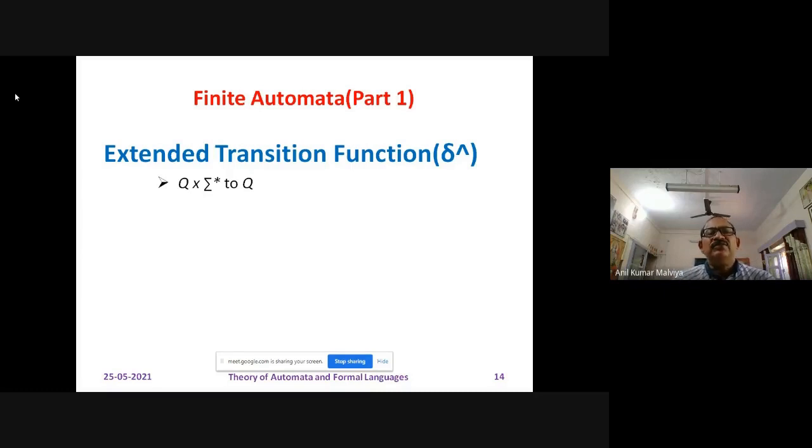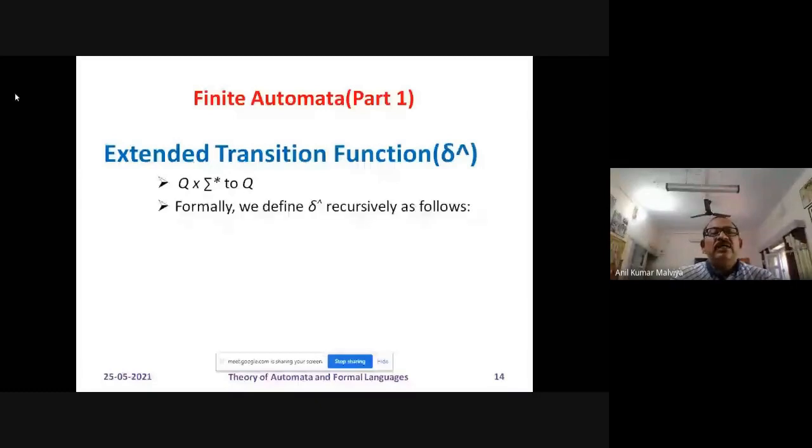The extended transition function maps from Q cross sigma star to Q, meaning it takes two arguments. First is the state, and next, not a single symbol, it takes a word. So what will happen if the machine takes two arguments, one the state and next the word?